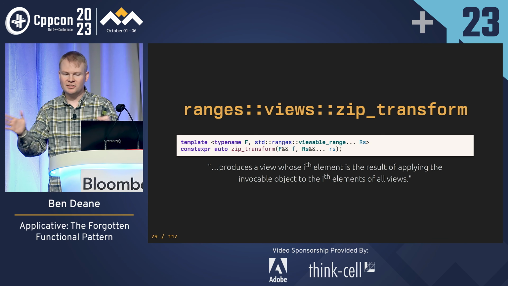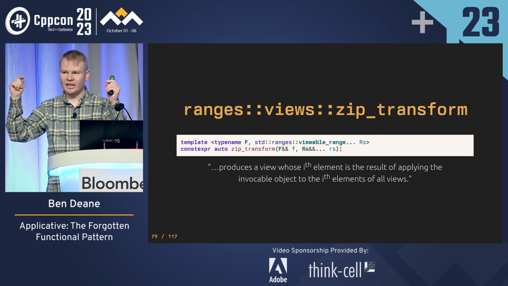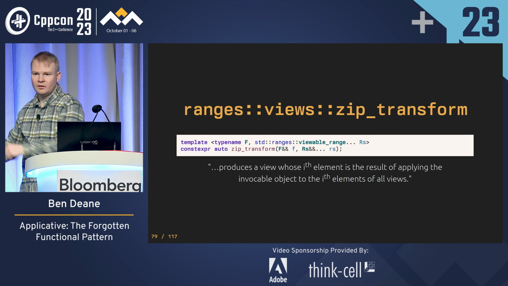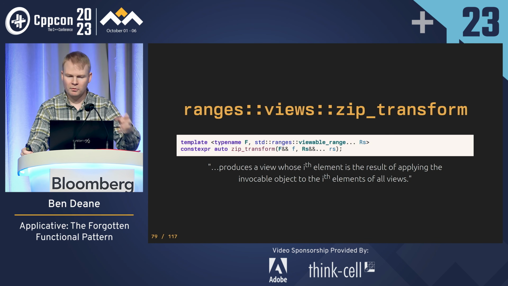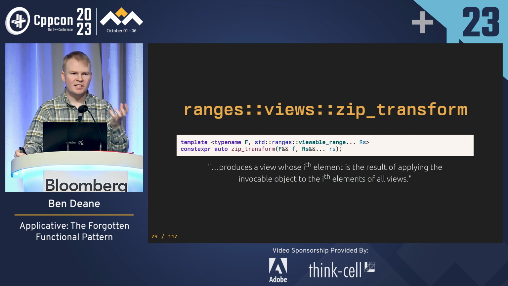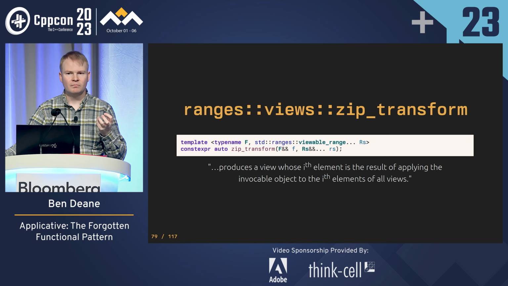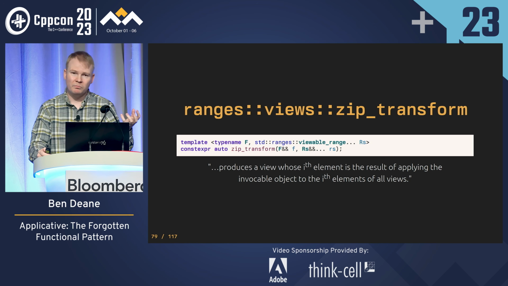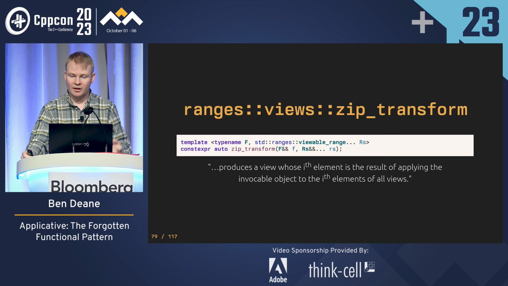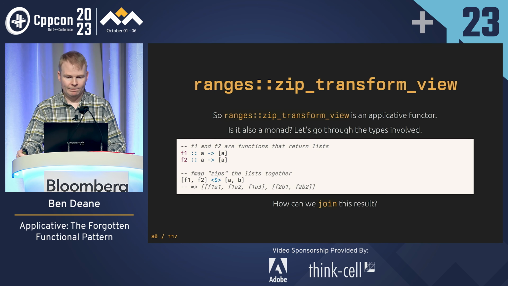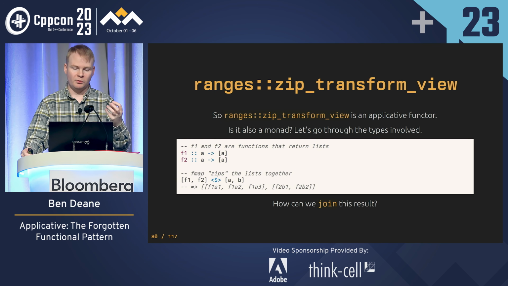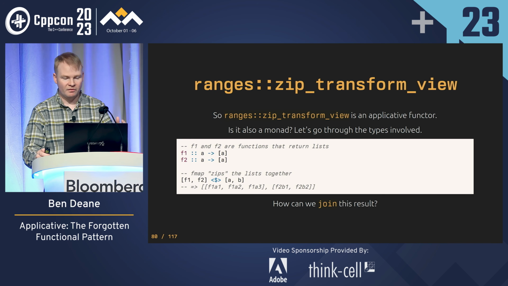It's zipping the ranges together, applying the function to each range position. So we have a function that does this. Is this function going to give us an implementation of apply as an applicative functor? So it is going to give us the applicative functor, sorry.